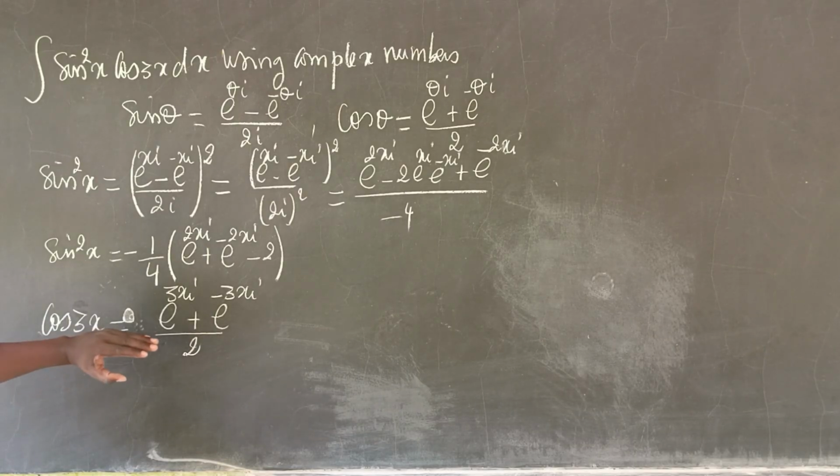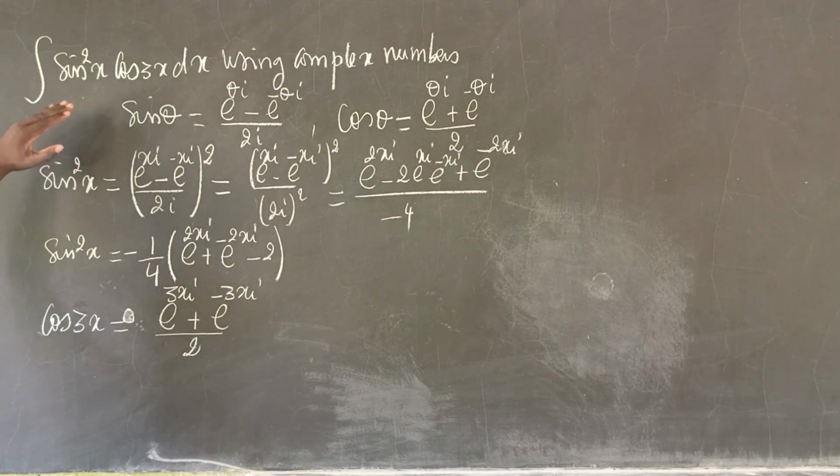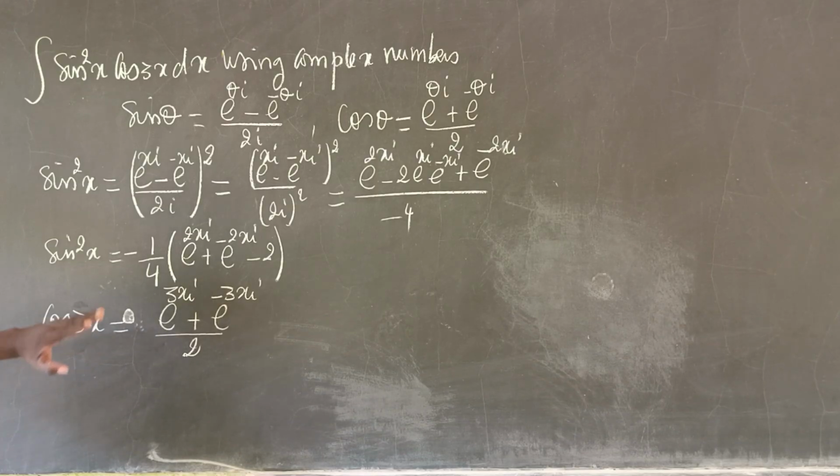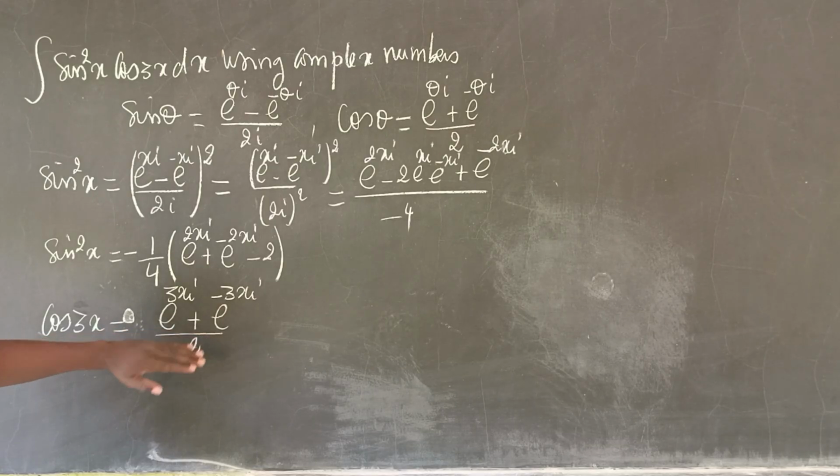So instead of integrating using sines and cosines, I recommend you to integrate using these. These are the forms of complex numbers.